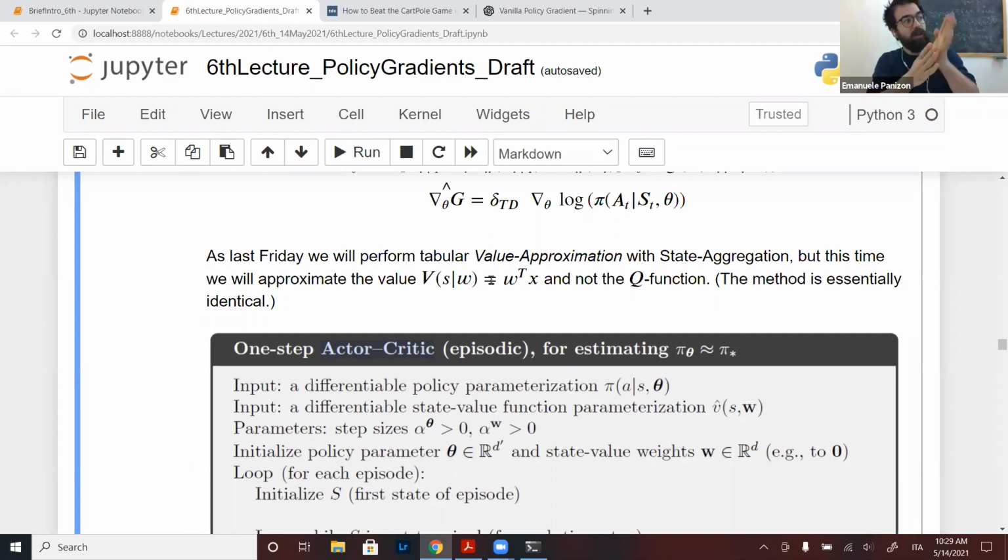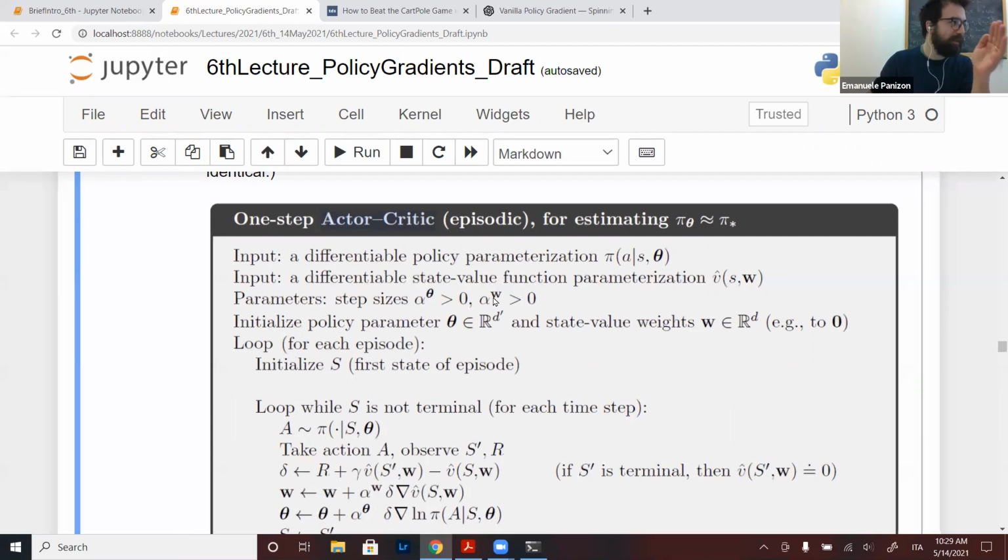But the value needs time to understand what the value of the policy is. So you have to have two different step sizes, and in general the step size related to the value learning should be much higher, in the sense that it has to be associated with a much faster time scale.